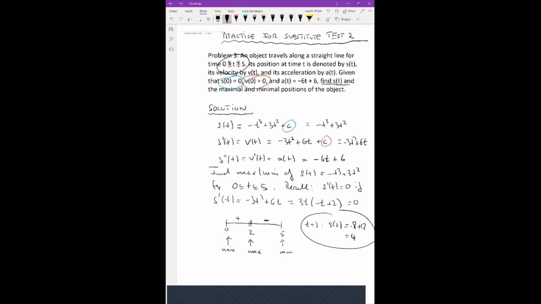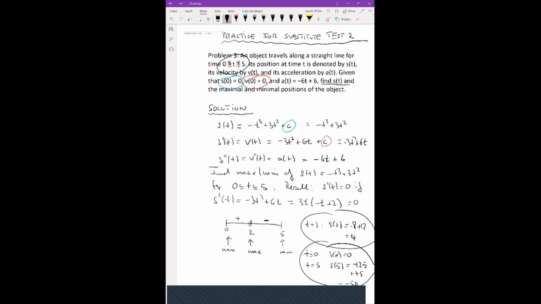So that is your maximum, and the minimum at t equal to 0, where s of 0 is 0, and t equal to 5, where s of 5 is equal to minus 125 plus 75, which is minus 50. So there you have your local minima, and this is your maximum. So that is the solution of problem 3.